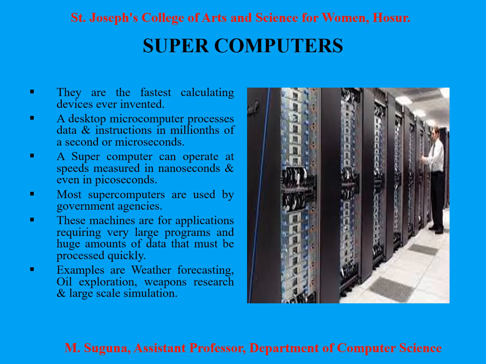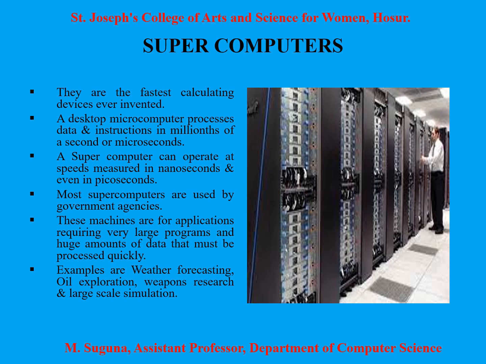And next we are going to discuss the supercomputers. They are the fastest calculating devices ever invented. A desktop microcomputer processes data and instructions in millionths of a second, or microseconds. Supercomputers can operate at speeds measured in nanoseconds and even picoseconds.